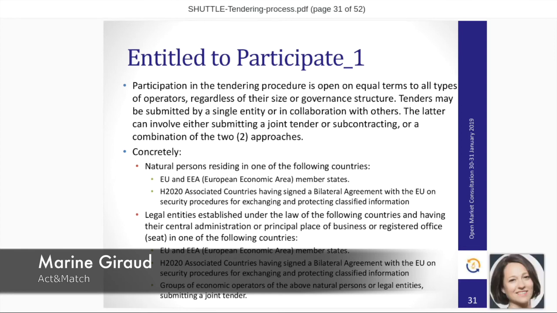There was a question from Andrew. Can companies from outside the EU, EEA, or H2020 associated countries be part of a tender as, for example, a supplier? I think I could reply to this question.